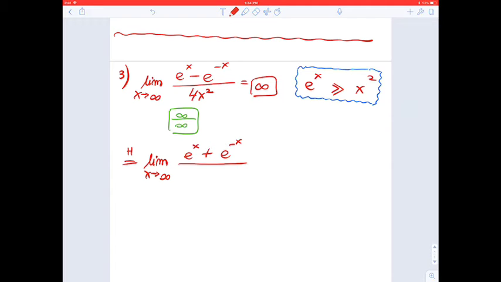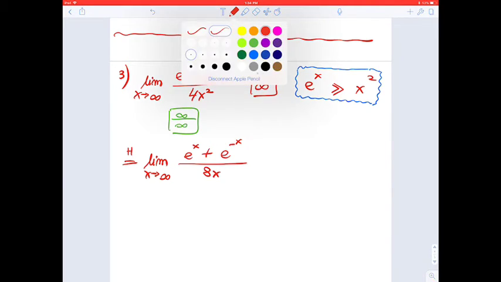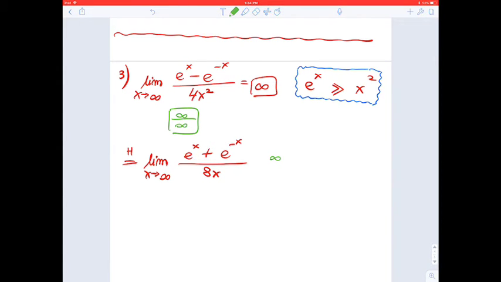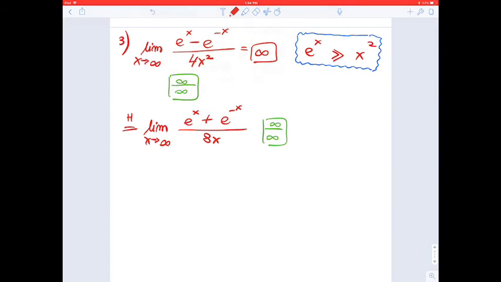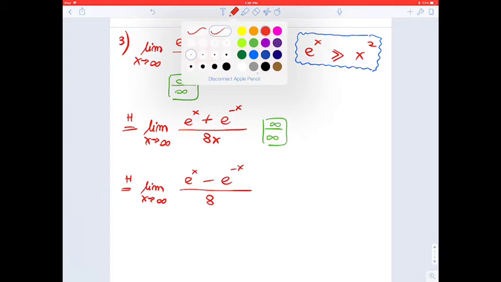And both negatives will give me positive. In the denominator, 2x. And I believe I have another infinity over infinity. We will apply the L'Hopital rule the second time. Limit at infinity. Derivative of e to the x, e to the x. Derivative of e to the negative x, e to the negative x times negative. And the derivative of 2x is 2.